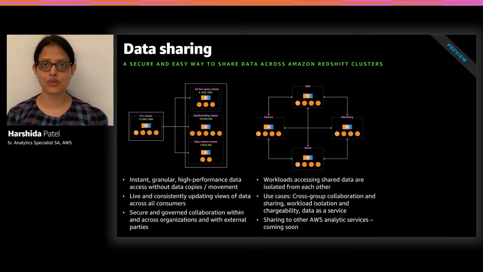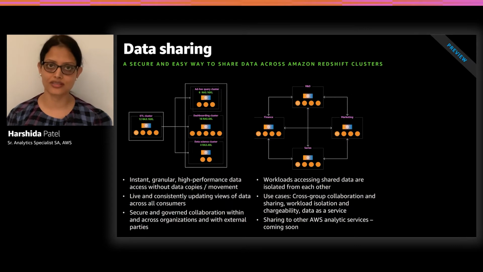So you do not require data movement, and you can share this data in a secured fashion, and it's consistent. You can also do bidirectional sharing of the data between the clusters.